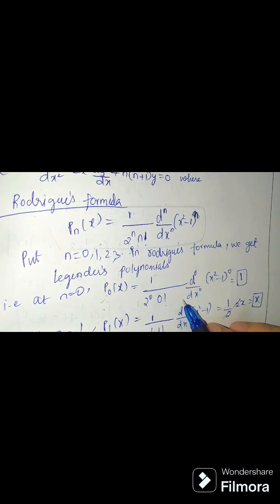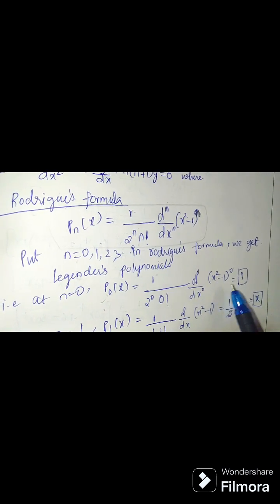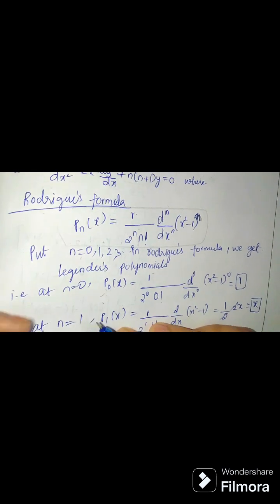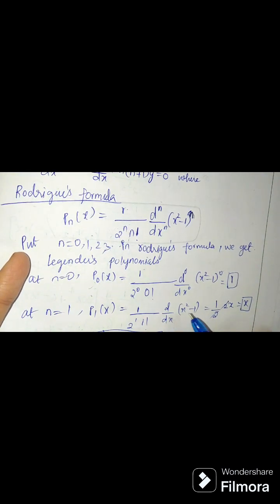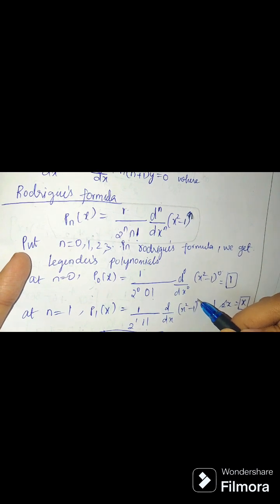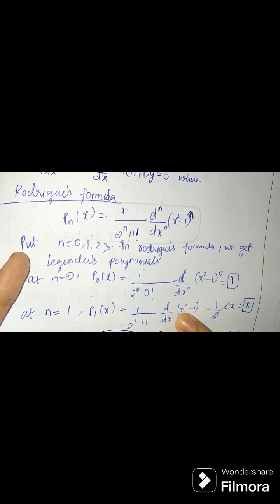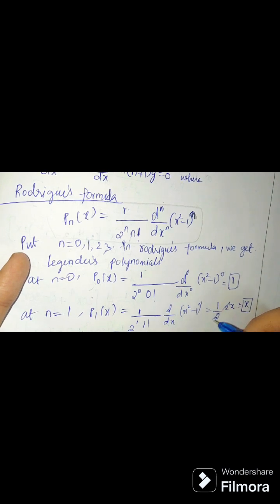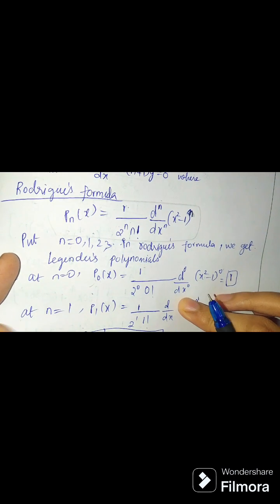So simply x square minus 1 whole power 0 is 1. So the answer is 1. If I put n is equal to 1, then I'll have 1 by 2, and here x square minus 1 whole power 1. So I have to do one time differentiation of this, which is 2x. So 2 gets cancelled, I have x. Next we will find for n is equal to 2 and n is equal to 3. Okay, we will do.